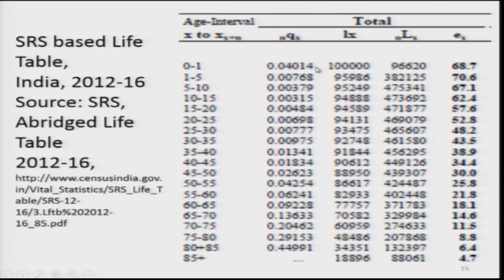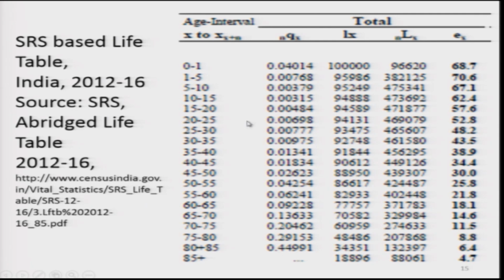This is an example of life table, and this is SRS sample registration scheme based life table India for 2012 to 16. This is the latest life table for India that I could find, and you can get this life table from this source censusindia.gov.in, vital statistics, SRS life table.